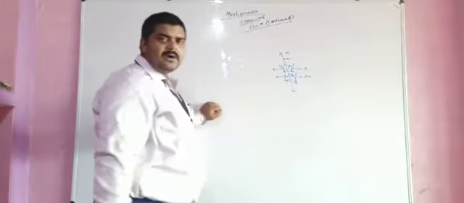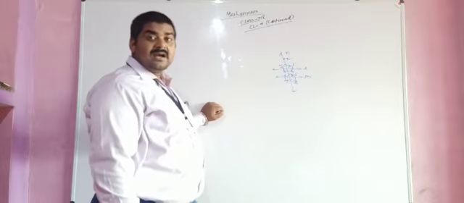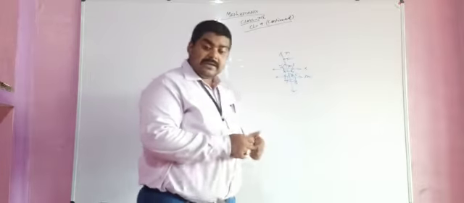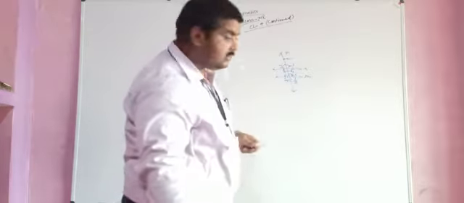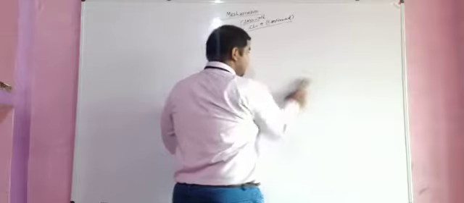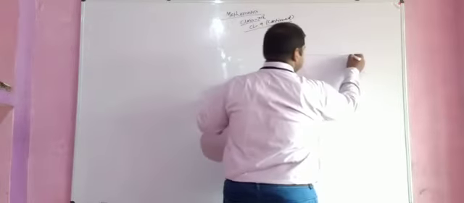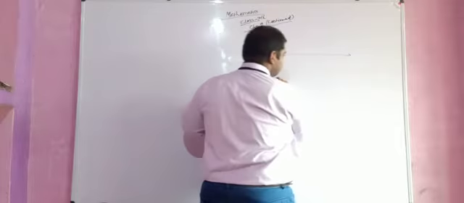How many angles are formed? Actually, 8 different angles. To make them clear, because you may be confused, I made a larger figure for you, because you are my lovely students.